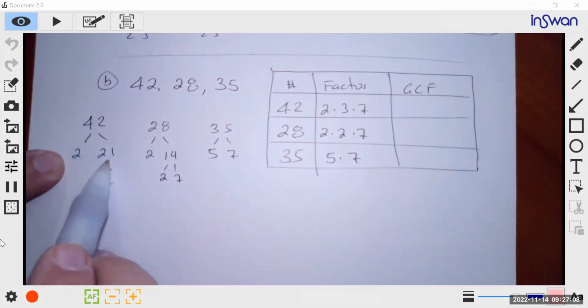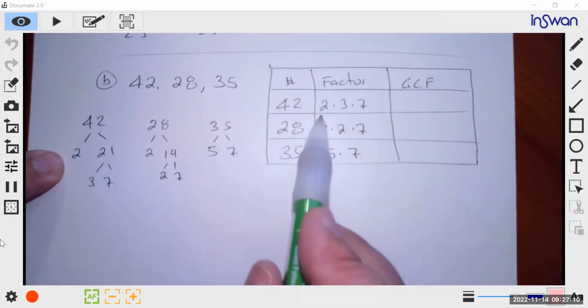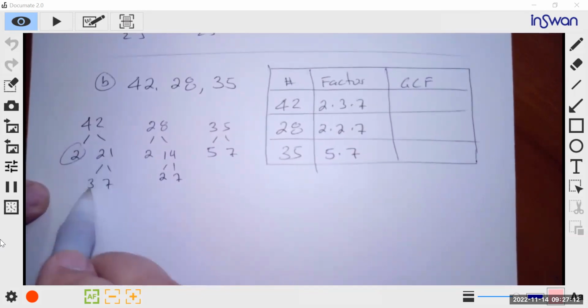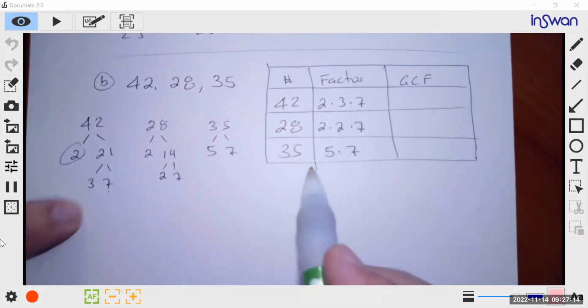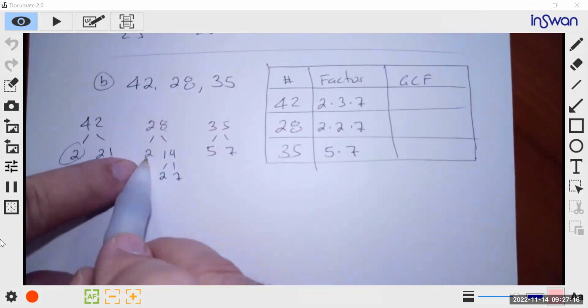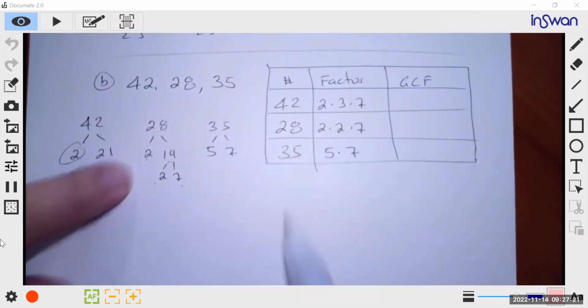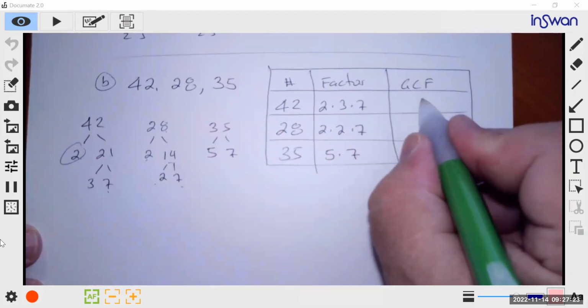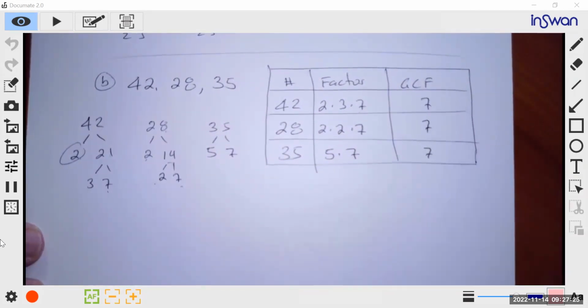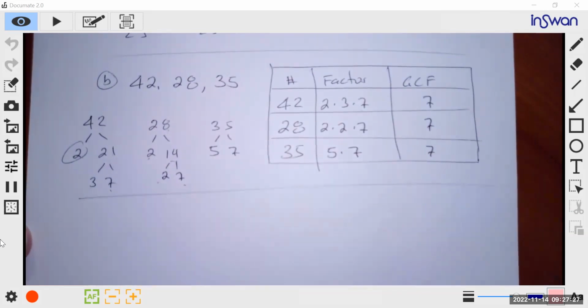So 2 goes into 42 21 times. 2 is a prime number. 21 is made of 3 times 7. 28 is also divisible by 2. 2 goes into 28 14 times. So the only thing they have in common is 7. That's a GCF.